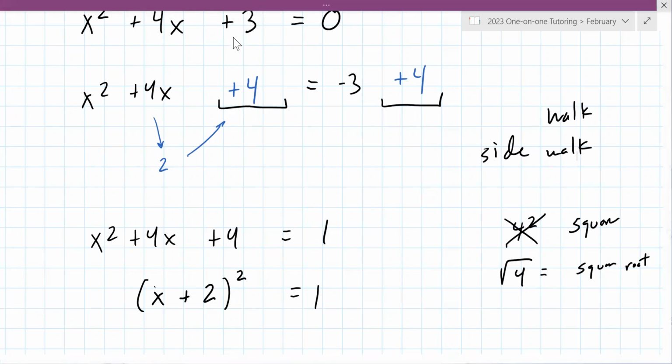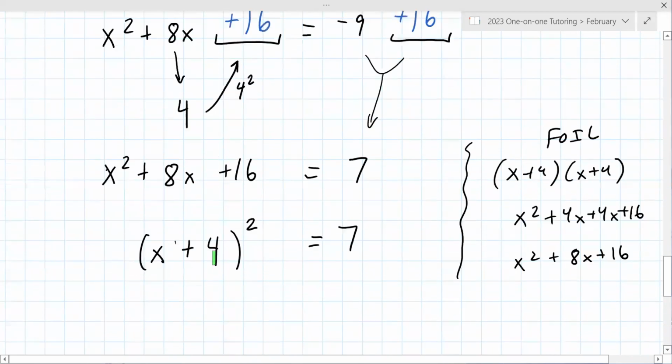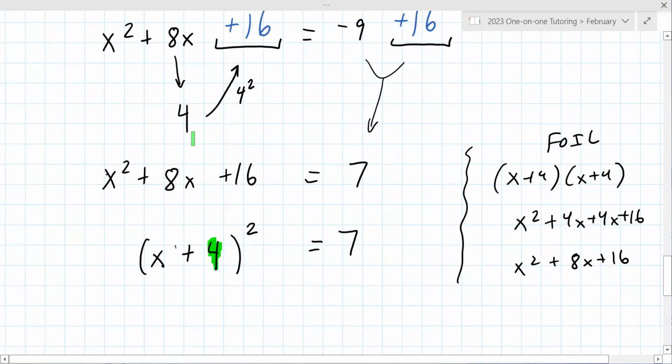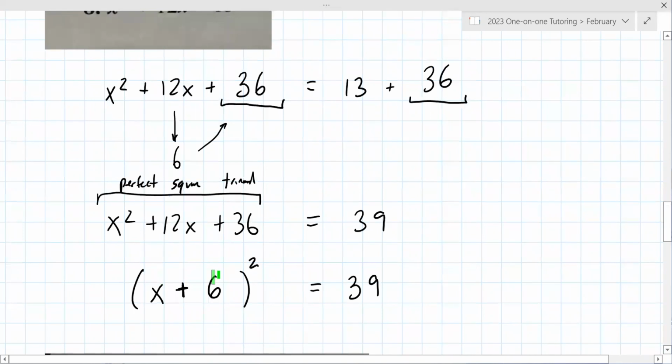Okay, so I want to show you something really important here. This 2 right here matches this 2 right here. Do you see that? In the previous problem, we put 4. That 4 matched this 4, which came from the 8. Then in the previous problem, this 6 matches the 6 here. Are you seeing the pattern?